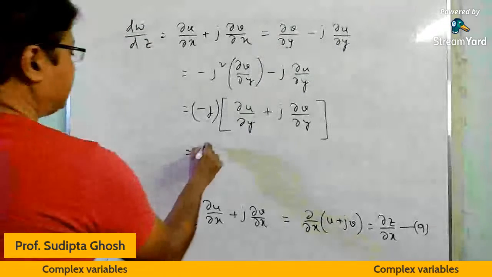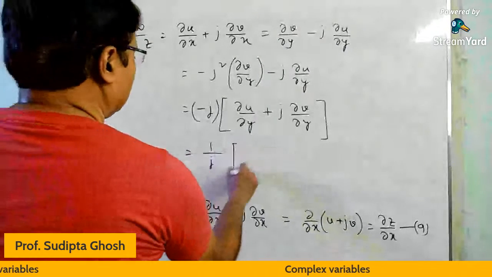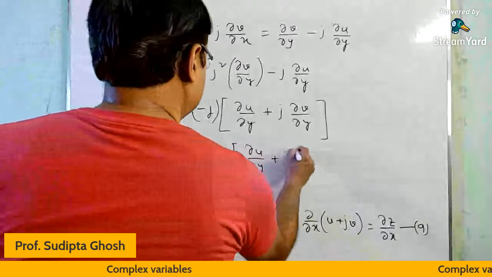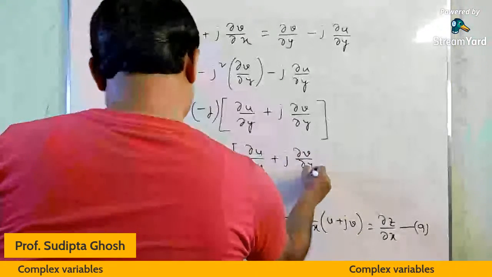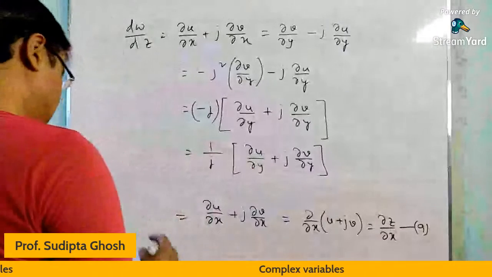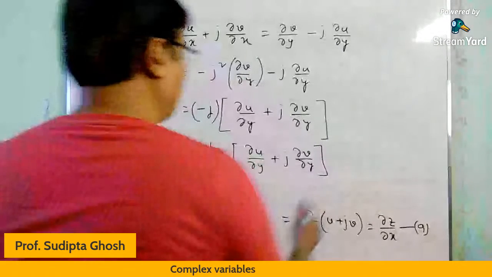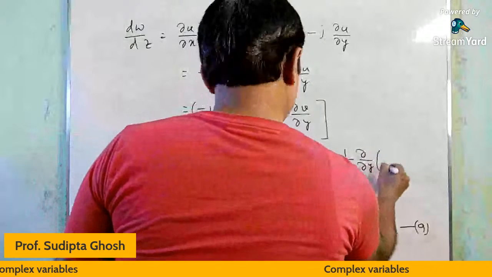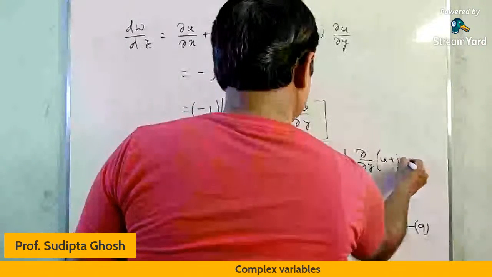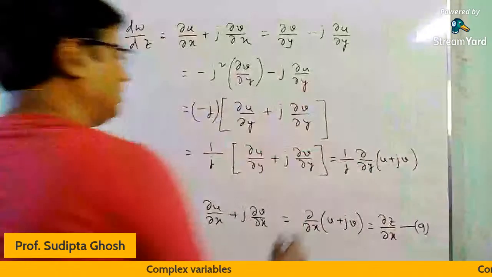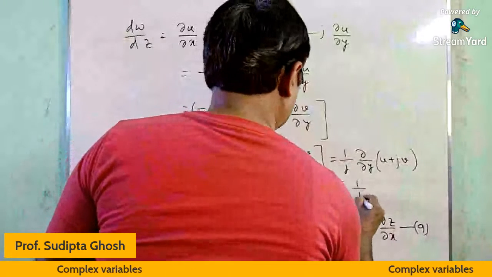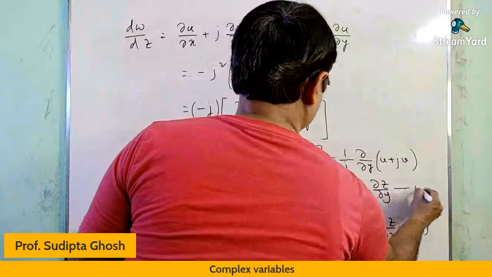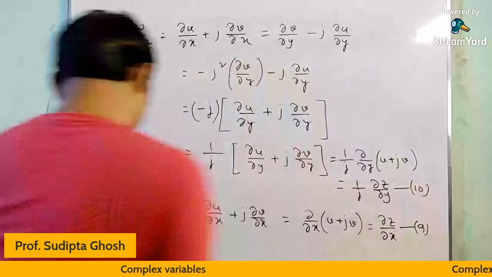I can write it as 1 by j times del u/del y plus j del v/del y, or it can be written as 1 by j del/del y of u plus jv, or 1 by j del w/del y, and let it be equation 10.